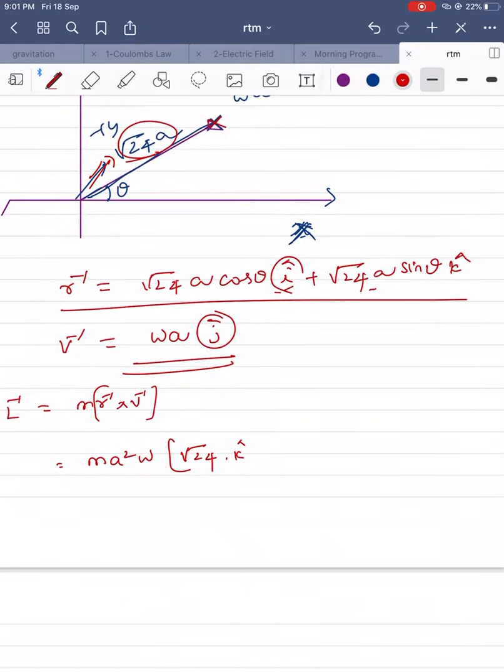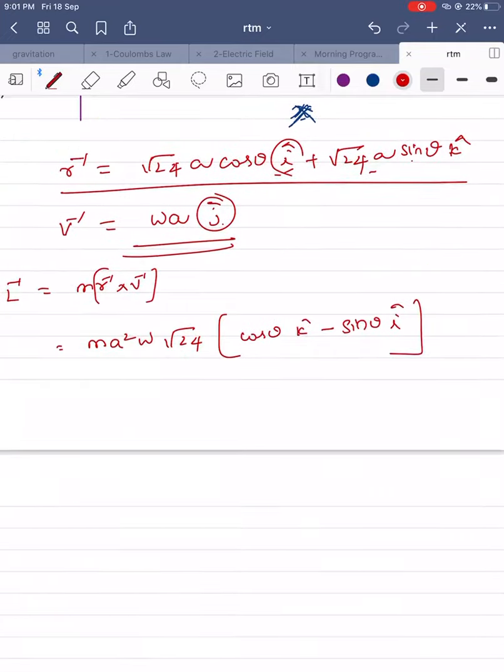Next, root 24 a into a square, k cap cross j cap. Wait a minute, this is a cos theta also. Root 24 also comes as a common factor, and here cos theta, k cap cross j cap will be minus i cap. What is its value? Root 24 sin theta, it is i cap.